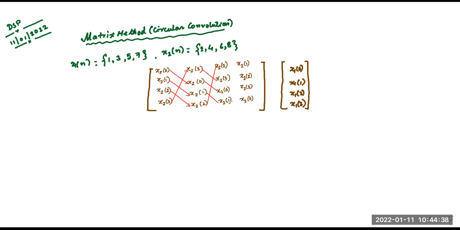Again it will be shifted up and then all will be shifted one unit down. So that is the procedure of arranging the bits in the matrix method.